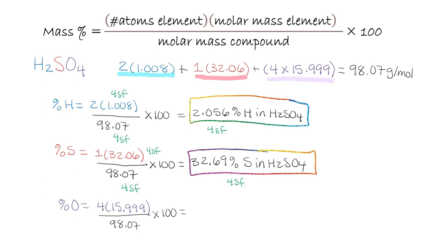When we look at the sig figs here, we still have 4 sig figs for our compound, but now we have 5 sig figs for the element. Still though, we follow the rules of multiplication and division, and our final answer will have the fewest number of sig figs, which will still be 4. And when we do this math, we end up with 65.26% oxygen in H2SO4.